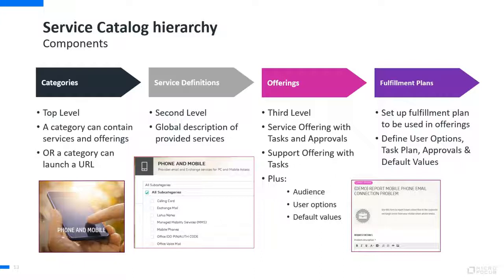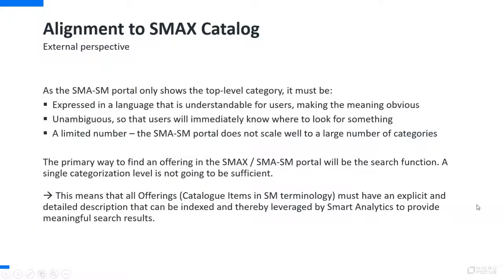If you jump to the next slide, Ming, because what I've presented now is the aspects of the internal view, the internal perspective of how we structure the catalog. When we look at this from the external perspective, what's the impact there? So we know now that the SMA-SM portal is only showing us the top level category.